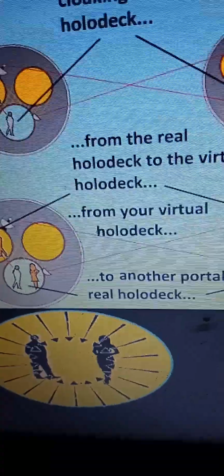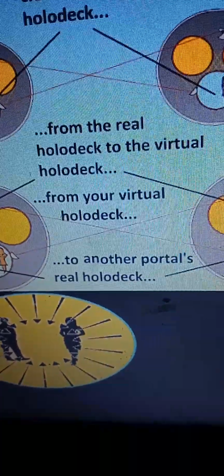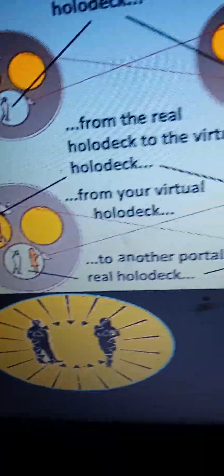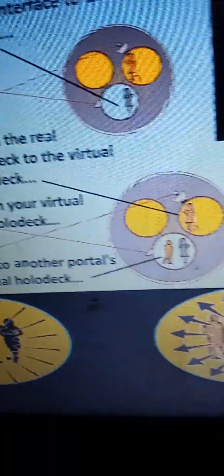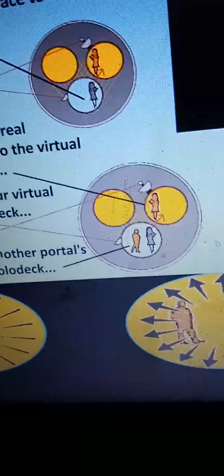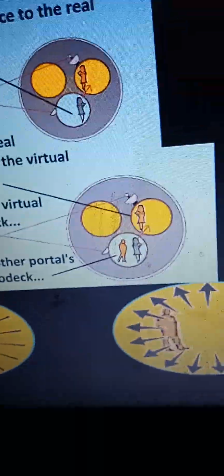And then there are transmitters that transmit them to receivers, from the real holodeck to the virtual holodeck, and then from your virtual holodeck to another portal's real holodeck. And then it continues back again.